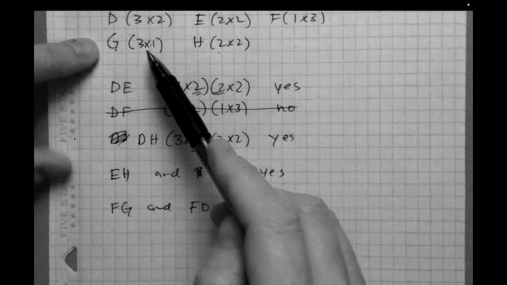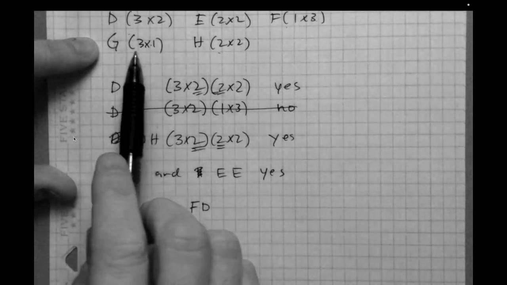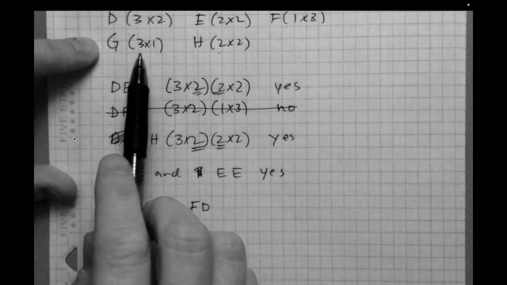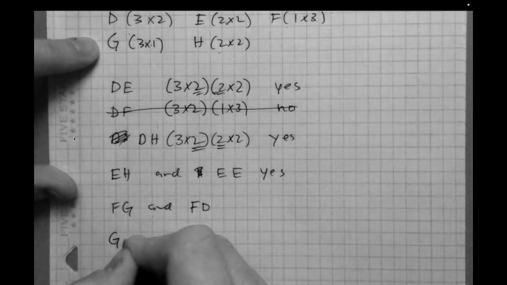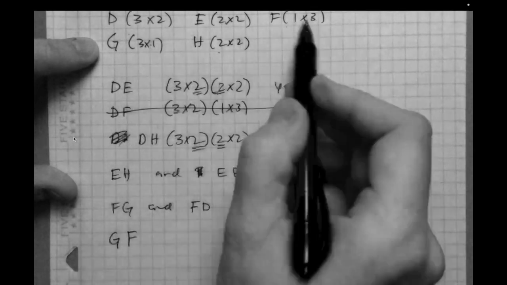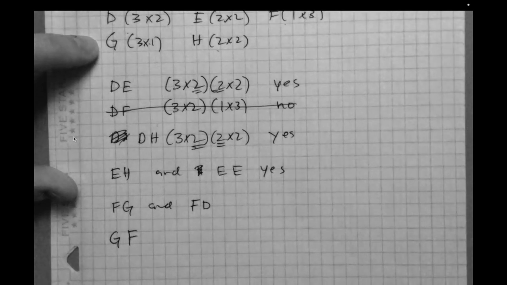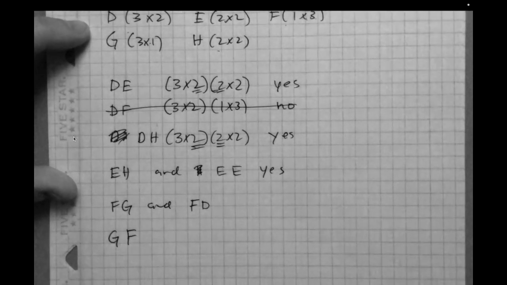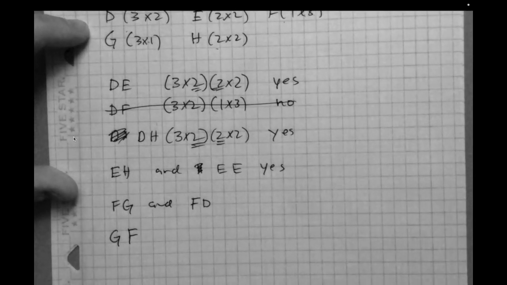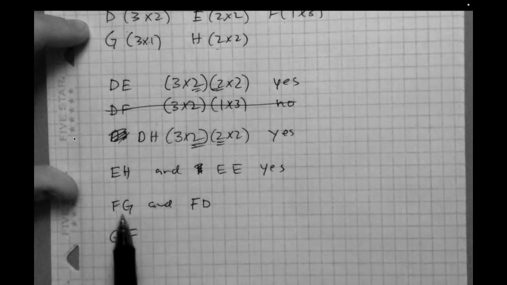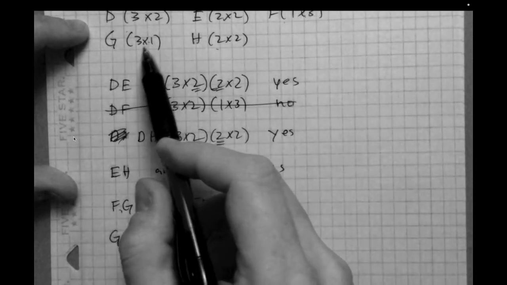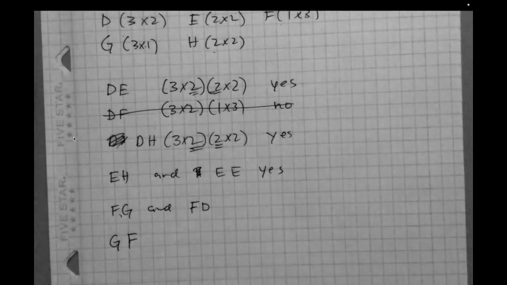What about G? G is a 3 by 1. Are there any matrices that have 1 row? Yeah, F. That one will work. Notice F and G, oh sorry, F and G does work. We did that up here. 1 by 3 times a 3 by 1 works as well.